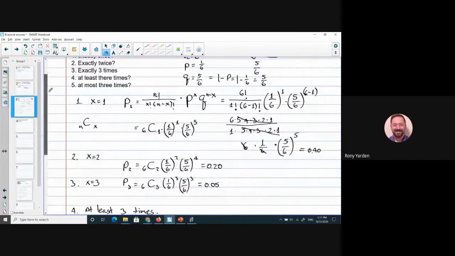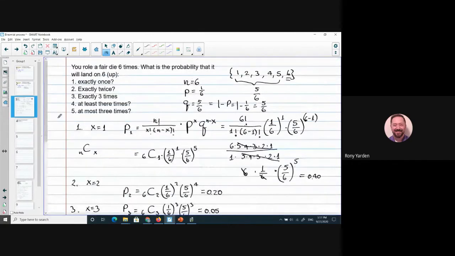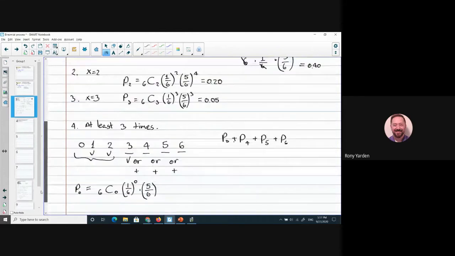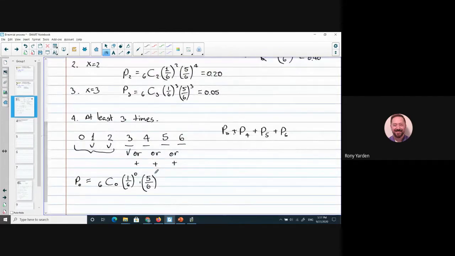N is 6, n minus x is 6 minus 0, which is 6. I will write here 6 minus 0, so you know where the 6 is coming from. So first, any number to the power of 0 is 1. I can ignore that. I will show you how to calculate this again in the calculator, and then we also do 5/6 to the power of 6.